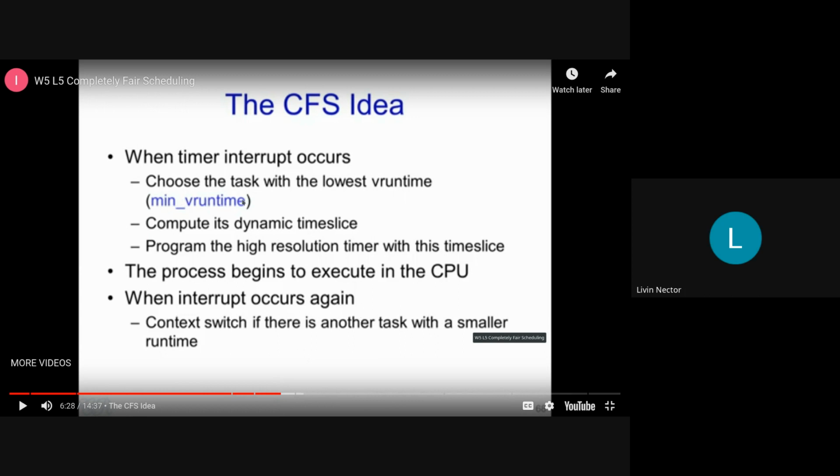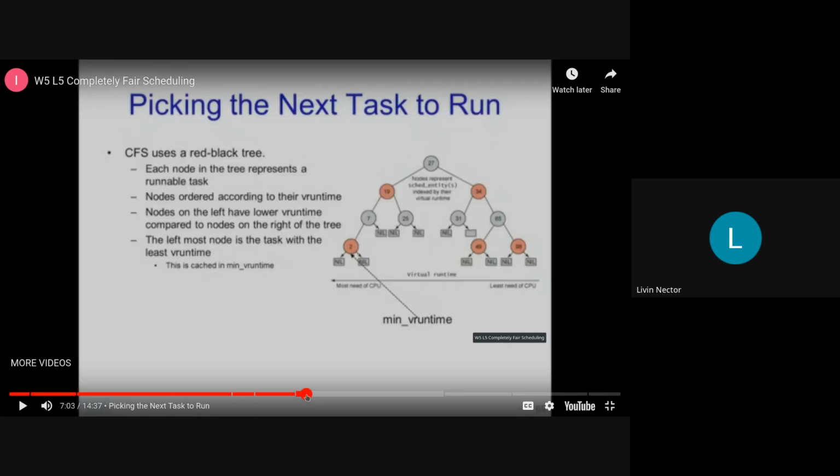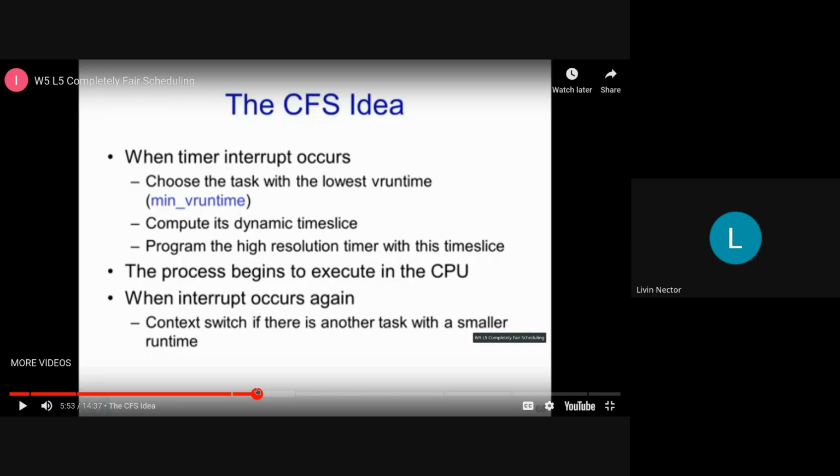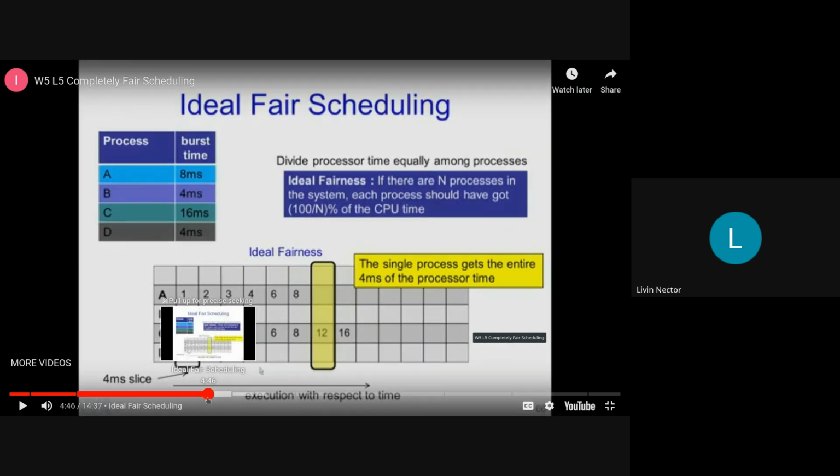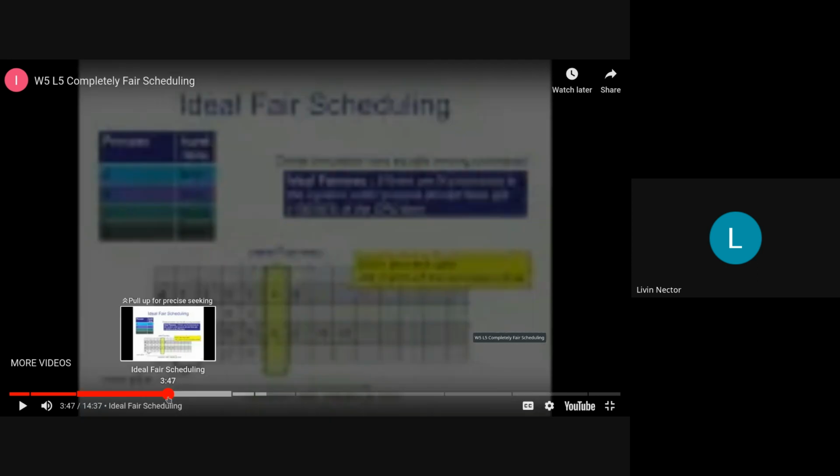So here is this, right? Okay. So we give this vruntime as the time slice, right? What is the time slice? This vruntime. So we assume a virtual runtime for that, right? How long it will take to run this? That's what virtual runtime is, right?